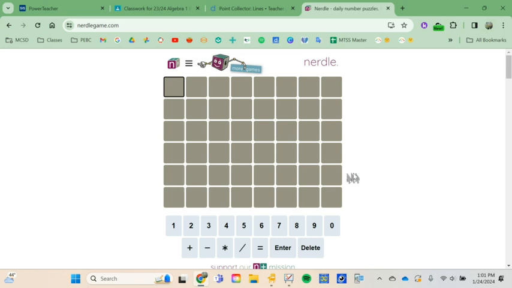So you have to come up with a math equation. 12 times 3, that's not going to work. 4 plus 1 times 3 equals... That's not enough spaces. It's kind of hard to come up with one.